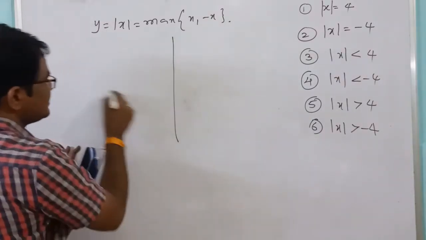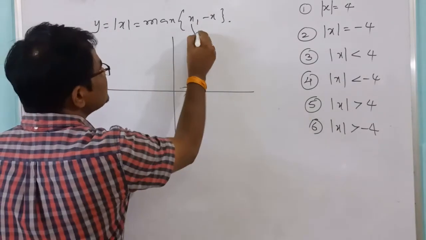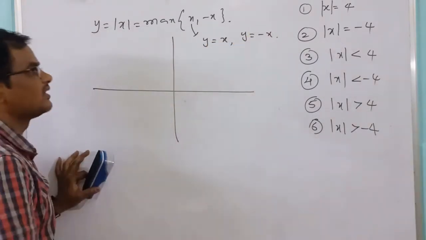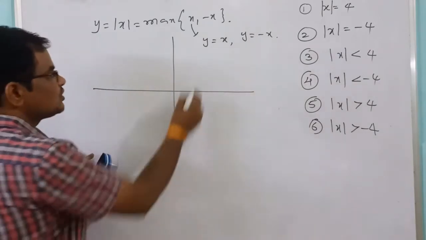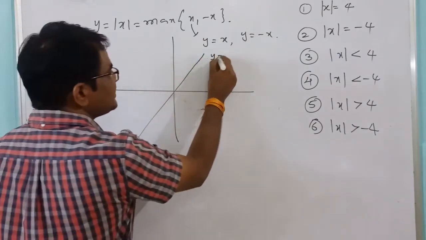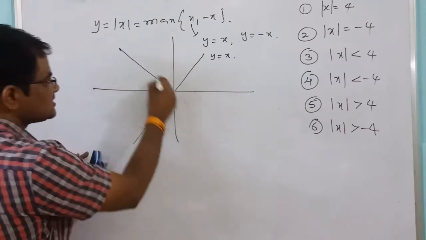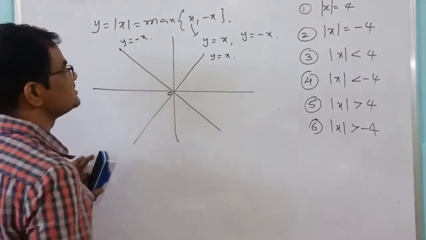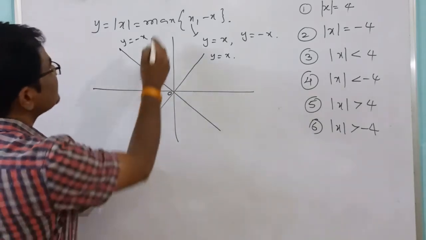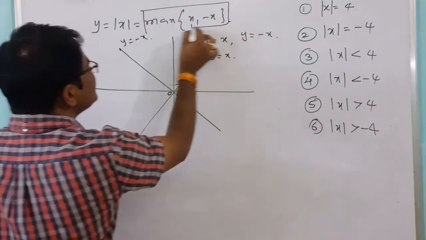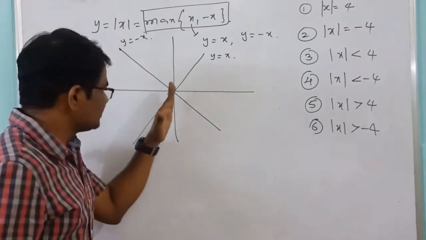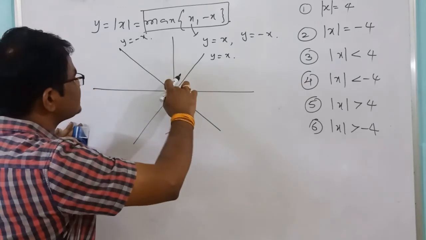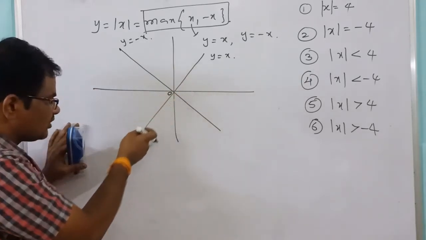What is the reason? See here. Suppose you take y equal to x and y equal to minus x, or y1 and y2. So y equal to x is the identity function and this is the y equal to minus x line. Here 0 is there. Observe what they are asking: the maximum of these two. For x less than 0, y equal to minus x is there, and y equal to x is there.